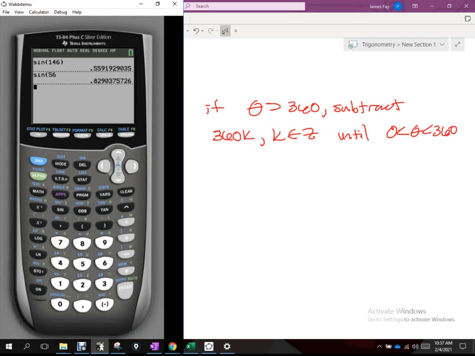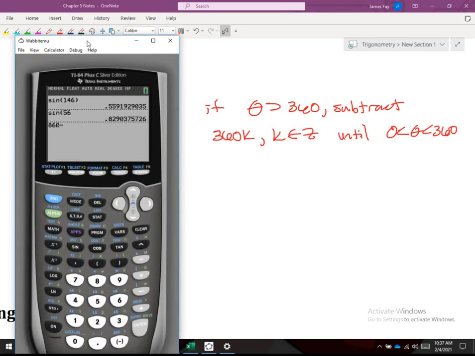So I like to use this especially when these numbers are a lot bigger. If I go 870 minus 360, it gives me 510. So that would have been when k was 1. So I don't want to subtract just 360, right? So then we make k 2, and I subtract another 360. 150. And I'm going to stop right there because 150 is between 0 and 360.